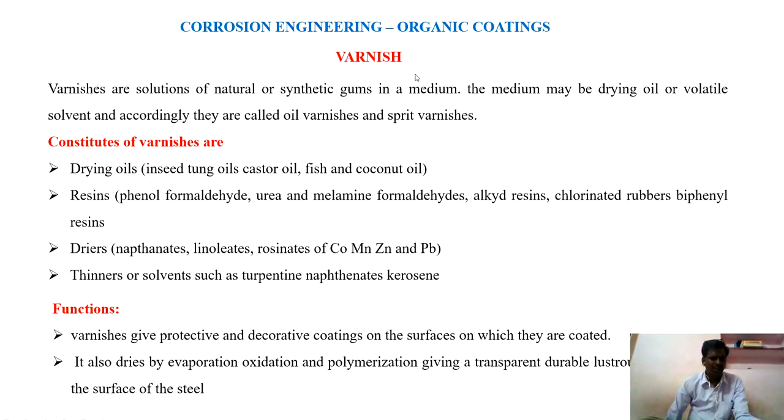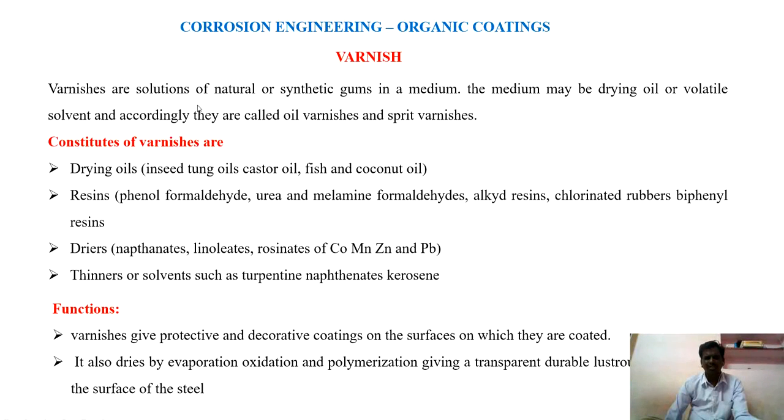Next thing is varnish. Varnishes are solutions of natural or synthetic gums. These gums are obtained naturally, or synthetically, made in the laboratory. We can make them in a laboratory or we can extract them from natural products.